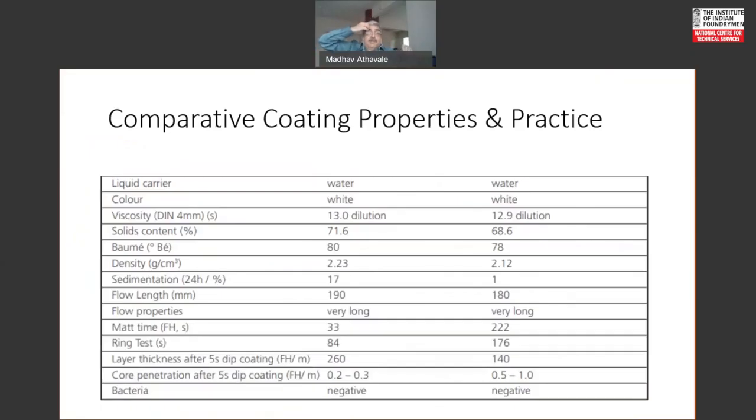Now here is a comparison between their practice which was earlier followed in the first column, and the next column is the properties of the coating which got developed for meeting their requirements, previous practice and new practice. One of the important parts was the sedimentation rate over 24 hours as a percentage.